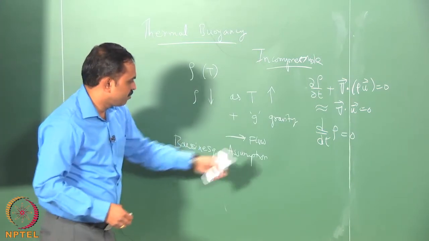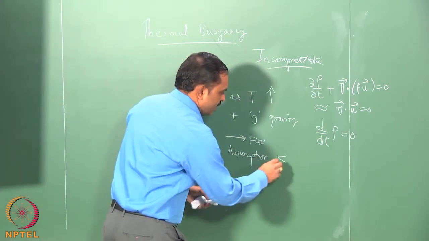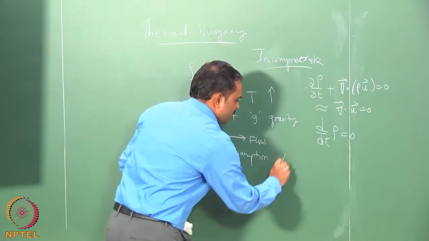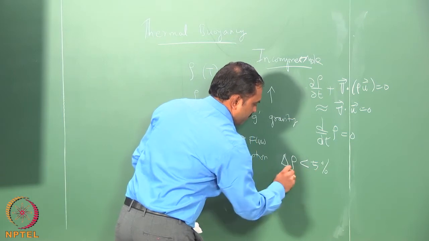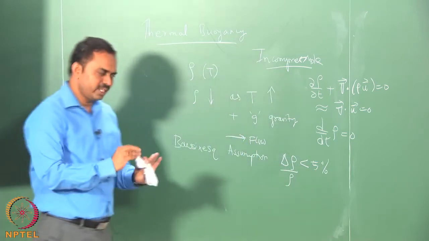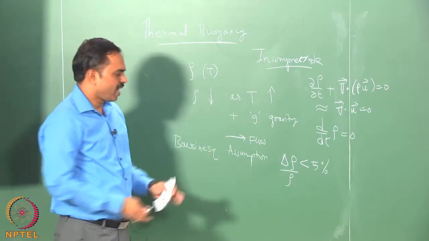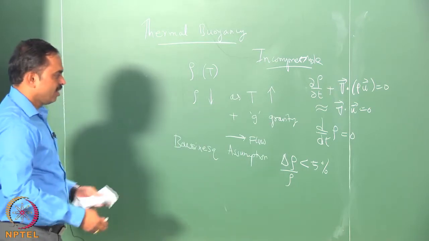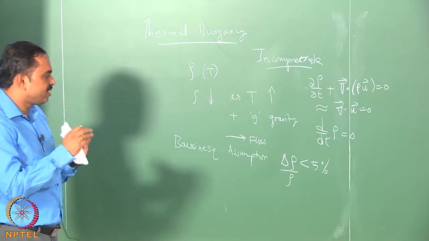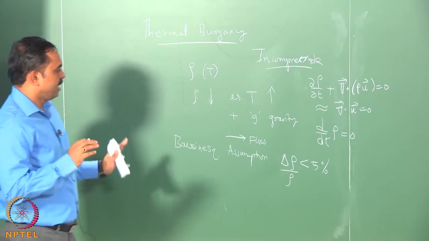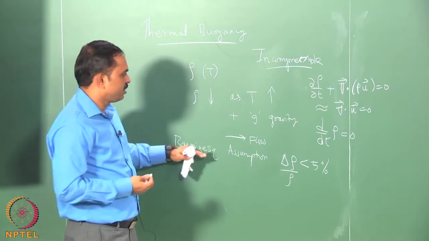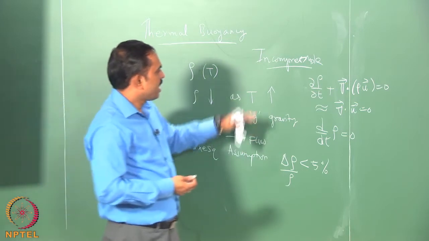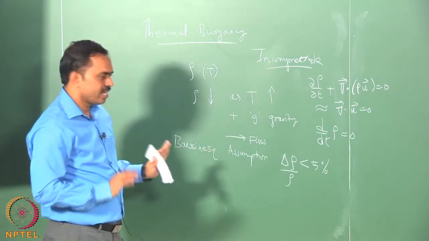So, this assumption is valid whenever the changes are less than 5%. Okay. In such situations you can accept 5 or maybe about 10%, it is fine. So, for small changes in the density because of temperature variations, it is possible for you to make an assumption which goes by the name of Boussinesq assumption to say that incompressible fluid flow equations are still valid.